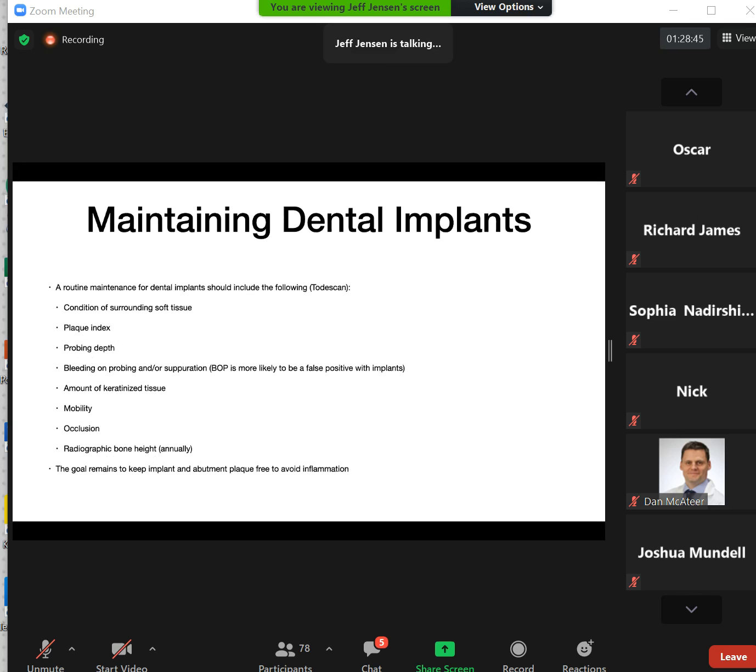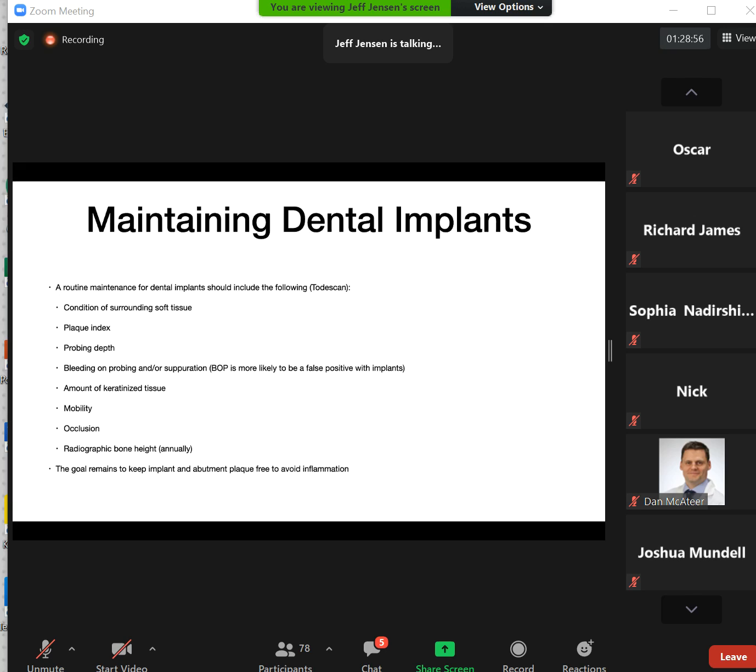This is just some suggestions on what routine maintenance for dental implants should be. We're checking the condition of the surrounding soft tissue, checking the plaque, and we probe. We're checking BOP, and something to note is that BOP is a little more likely to be a false positive with implants because, as you remember, there's not that connective tissue connection to prevent our probe from penetrating tissue.